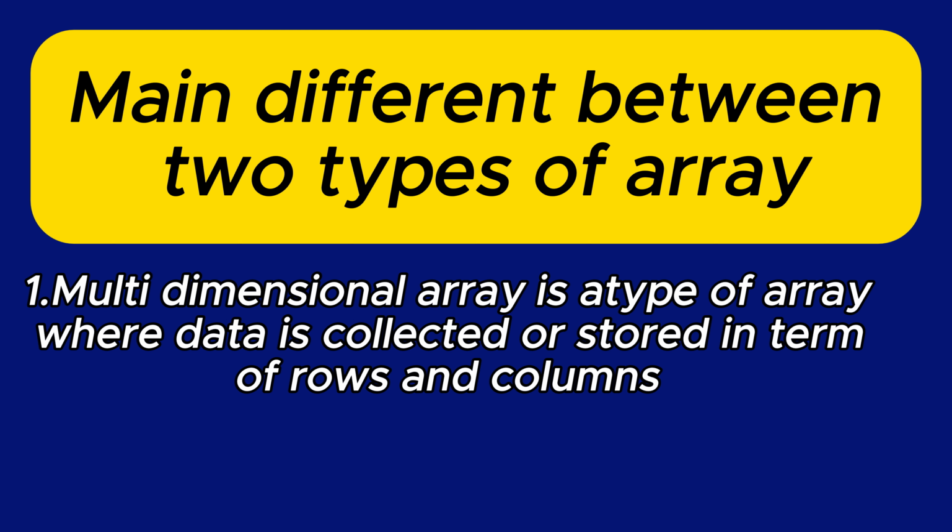An array in general is a collection of data with the same data type. So this is a summary of the main types of array we have in a C++ program.